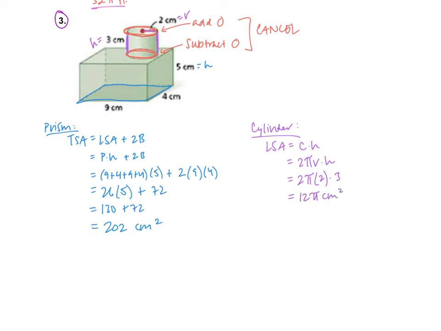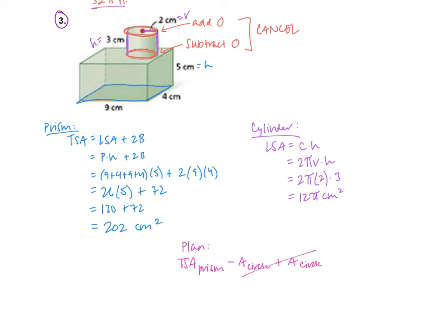Now remember, we have to add those areas together. So let's come up with our overall plan in figuring out how we find our total surface area here. So I'm going to put our plan at the bottom this time. So our plan is to take the total surface area of our prism, and we can subtract out the area of the circle, and then we can add back in the area of the circle to account for the top and bottom.